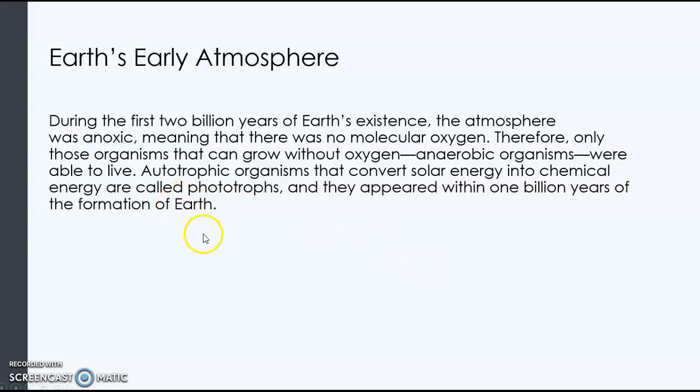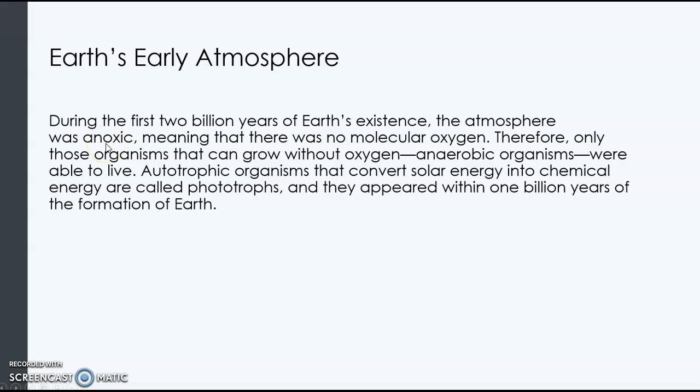A little bit of information on the early Earth's atmosphere. From the evidence that we have, during the first 2 billion years of Earth's existence, the atmosphere was anoxic. If you put A in front of a word, it means the opposite.